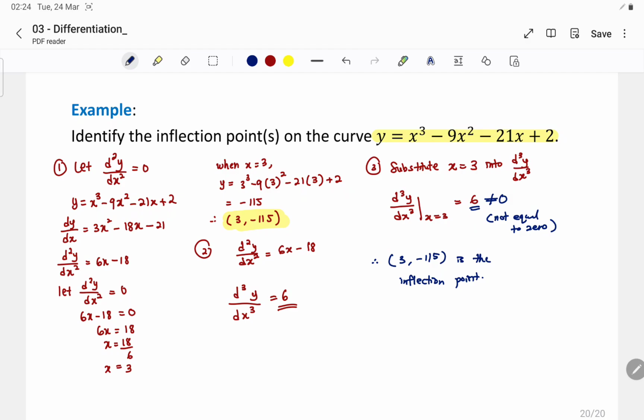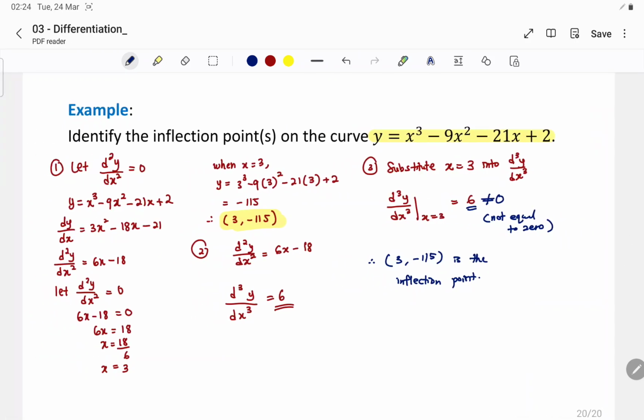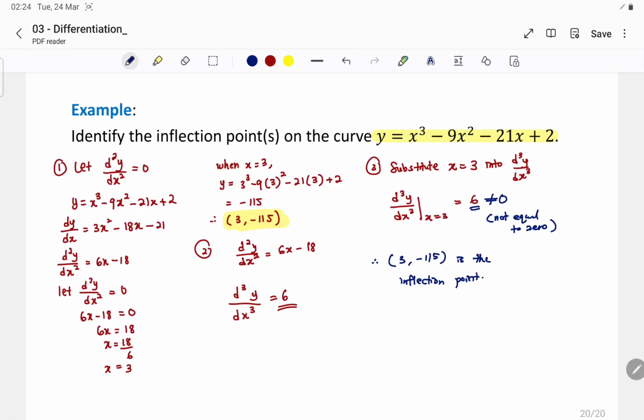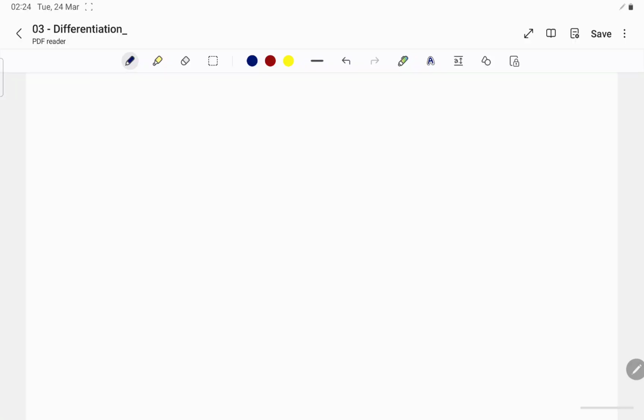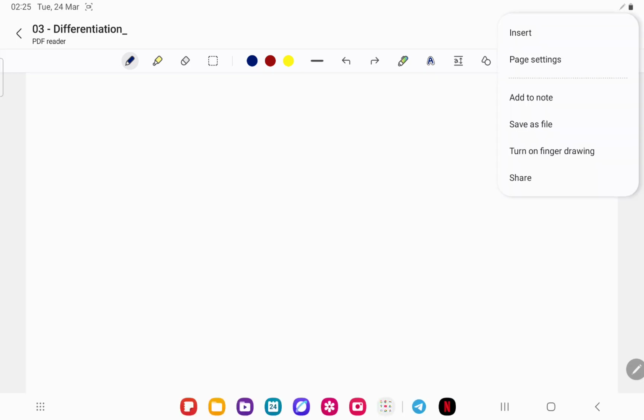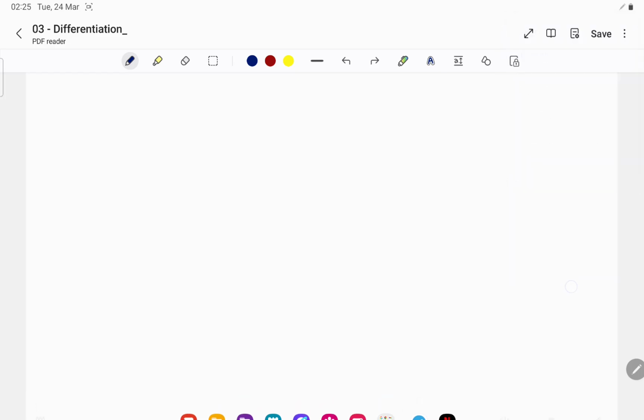So here, I want to do some summary for you for this topic, which is turning point and inflection point.